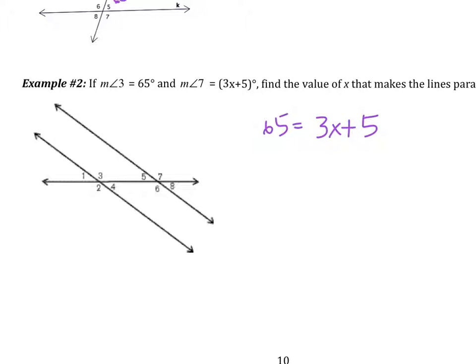All right, I would like a reason. Why are you setting these two angles equal to each other? Because they're corresponding. All right, and if corresponding angles are congruent, then the lines will be parallel. Very good. Okay, all right, solve. Tell me what you get. All right, you should eventually get x equal to 20. Subtract the 5, divide by the 3. Okay? Questions there?